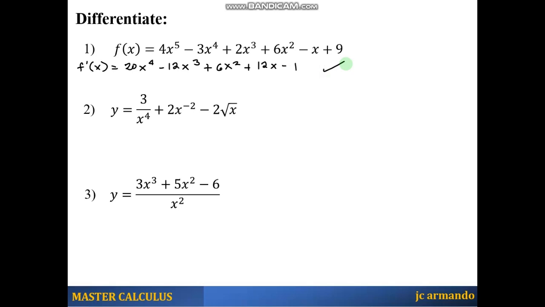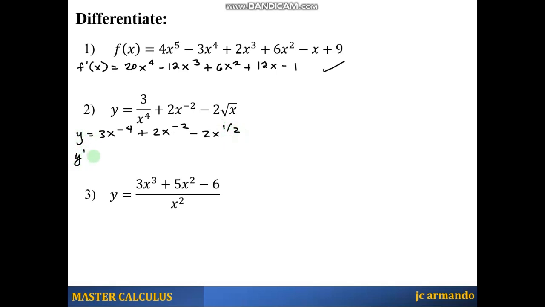How about y equals 3 over x to the fourth plus 2x to the negative 2 minus 2 square root of x. The first step is to make all the exponents in the numerator. Then we have no radical expression. We have y equals 3 over x to the fourth becomes 3x to the negative 4 plus 2x to the negative 2, then minus 2x, square root of x is x to the 1 half.